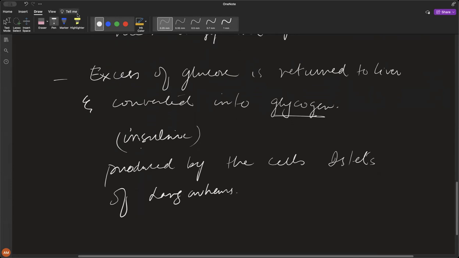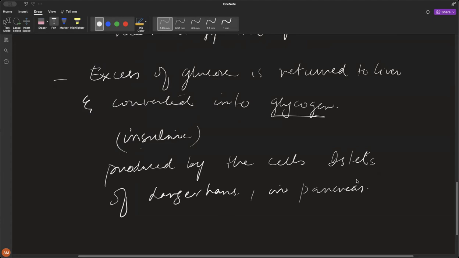Islets of Langerhans are present in the pancreas. They actually detect the amount of glucose in the blood, and according to that amount they produce insulin.